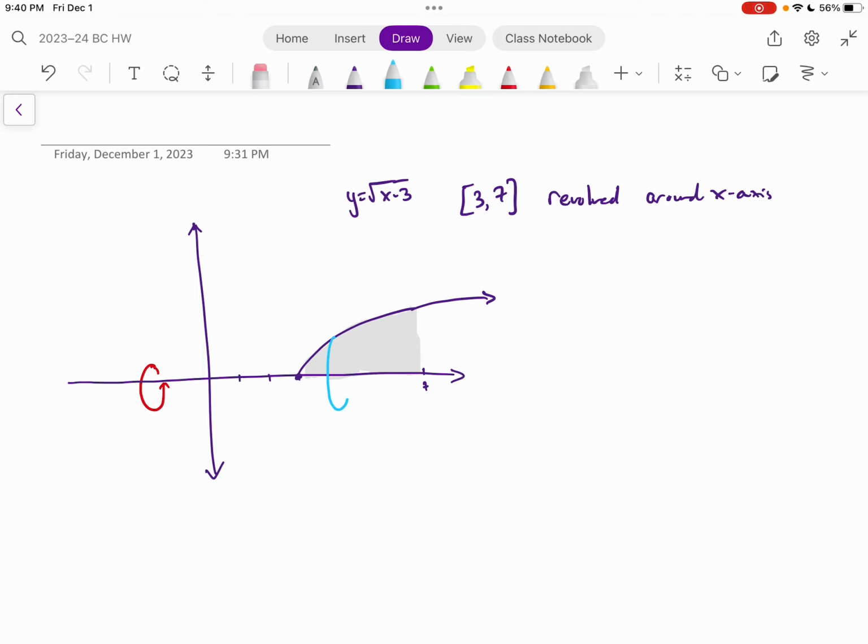And we can think about what that would look like. At this point here, we draw a line up to the curve. That's sort of the radius of my disc. And then I would have slightly bigger radii, out to 7 here, where I have my biggest radius.